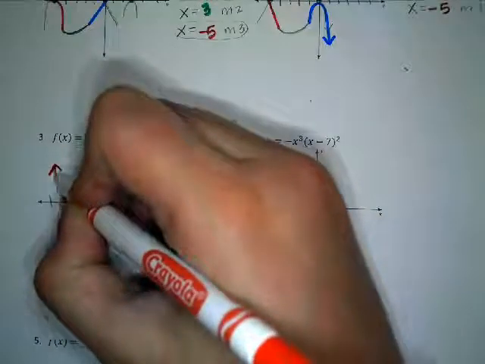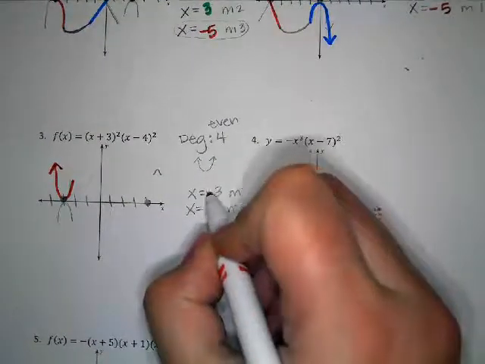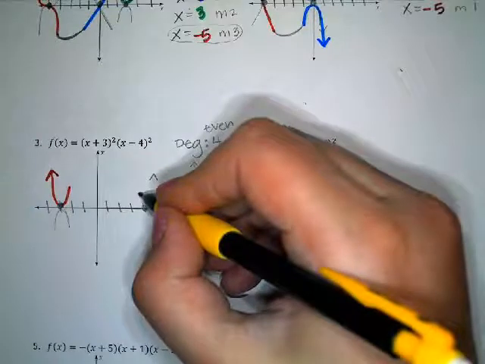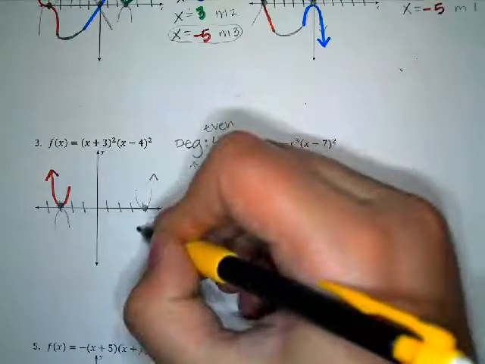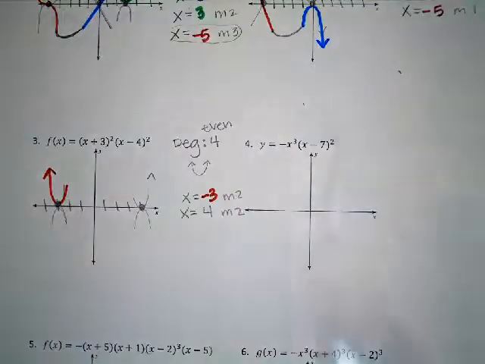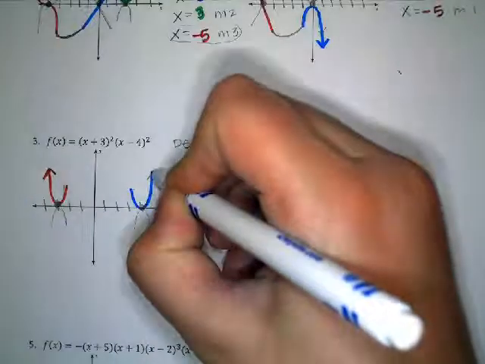And then for 4, we have a multiplicity of 2, so we're going to have the same 2 options. The U can be above the x-axis or below. So which one makes more sense? Above. And then we just have to make sure that when we connect these, we do it with a curve.